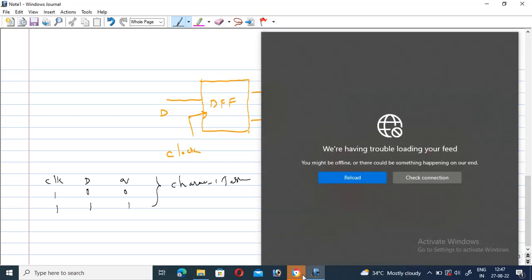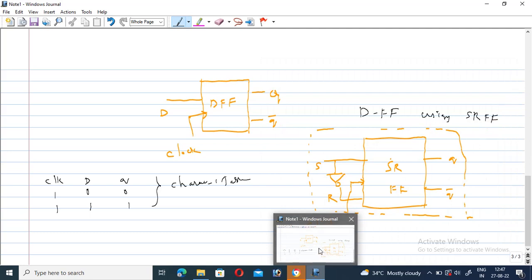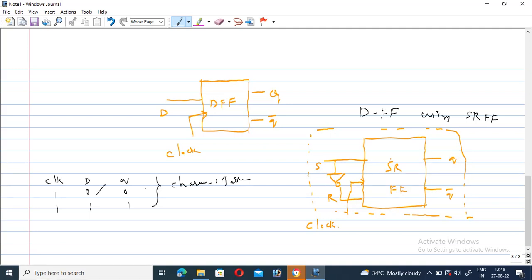It is mostly used in so many applications like registers and counters. D flip-flop is nothing but data storage; it stores 1 bit of information. Why? Because whatever the input is here, the same input is present at the Q side when the clock is enabled. That means the input value is stored in the flip-flop. That's why it is called data storage.